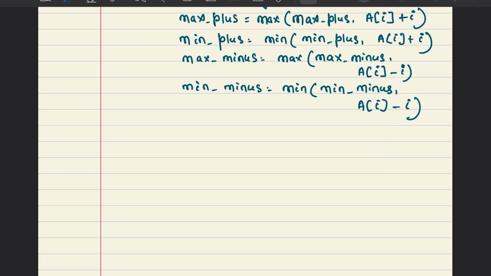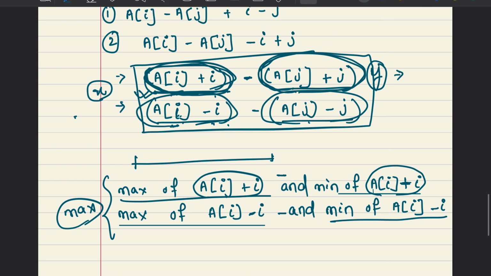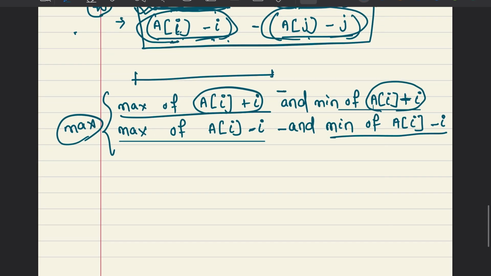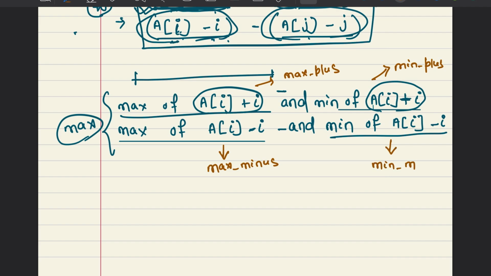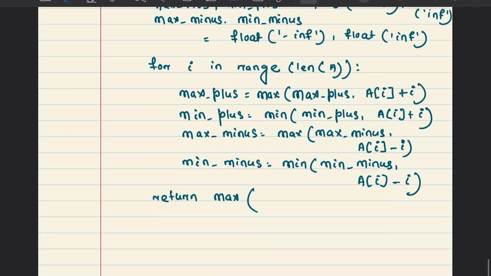Now at the end of the for loop, we can return max of, okay, we need to find the difference. So this is our max plus, this is our min plus, this is max minus, this is min minus. So we need to find this difference.